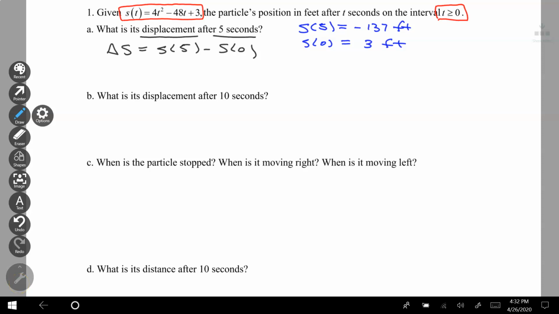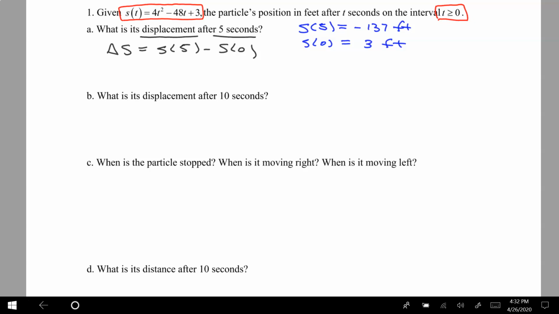Okay, we're going to go through an example, figure out displacement, distance, and so on and so forth. It's very similar to the example that we did last class. S of t equals 4t squared minus 48t plus 3, except now the interval of time is t is greater than or equal to 0, not the 0 to 10 that we did last class. So our displacement, or delta s, is the position at 5 seconds minus position at 0.